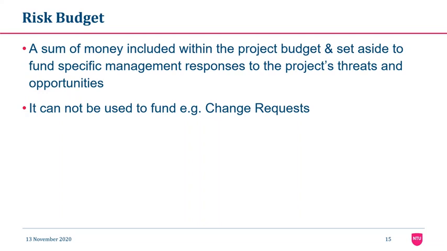You can use it just for risks or risk management. Certain responses to risk will require certain actions to be done, and that costs money, and you need this risk budget to cover those extra costs that may be incurred during the course of the project.